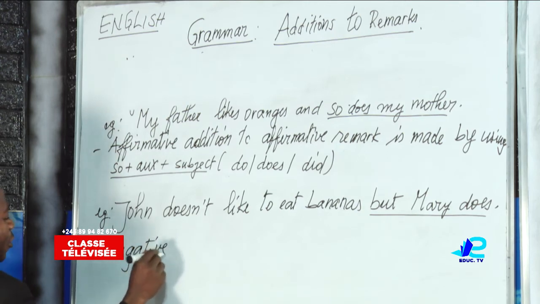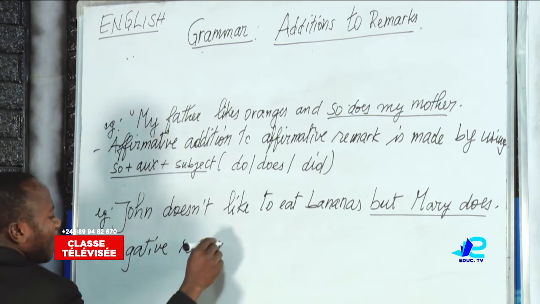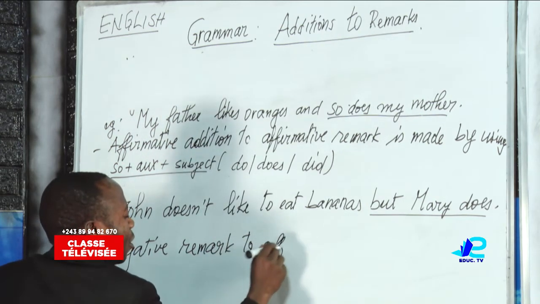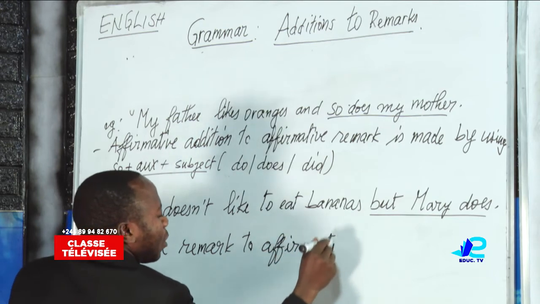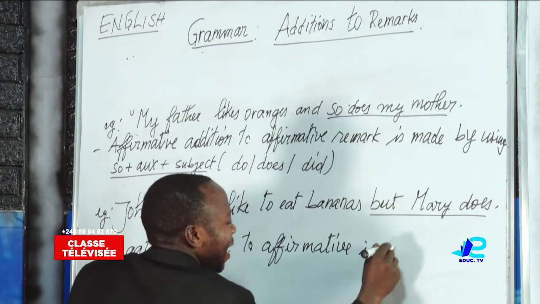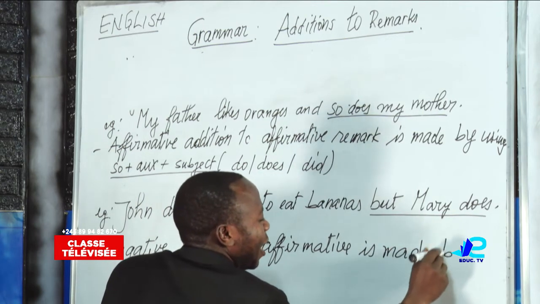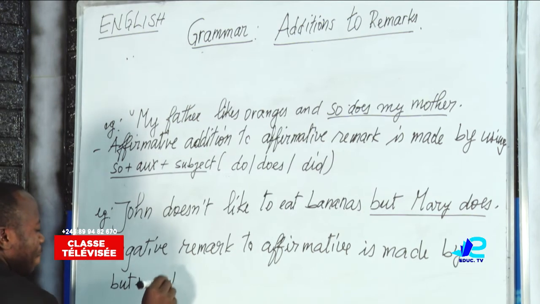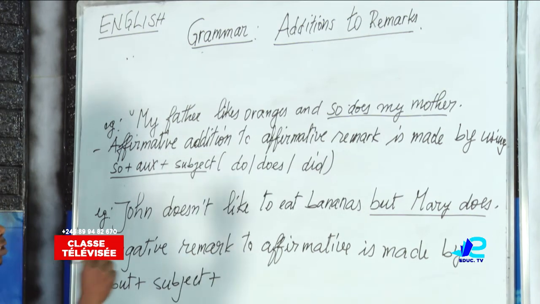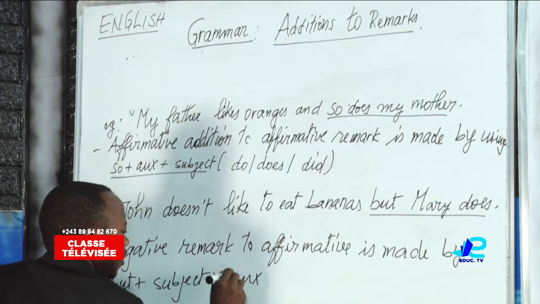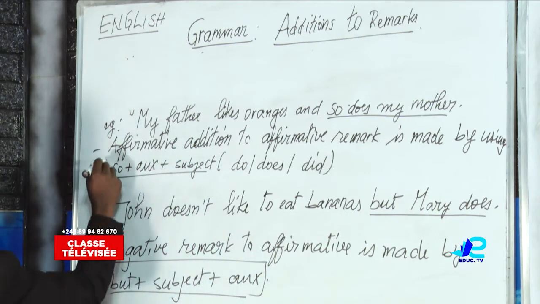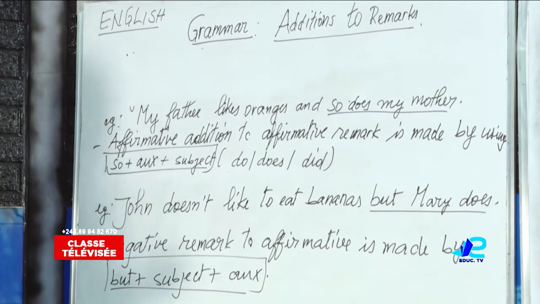Negative remark to affirmative addition is made by but plus subject plus auxiliary. Very easy, class. It's very important for you to note this because it's like the summary.